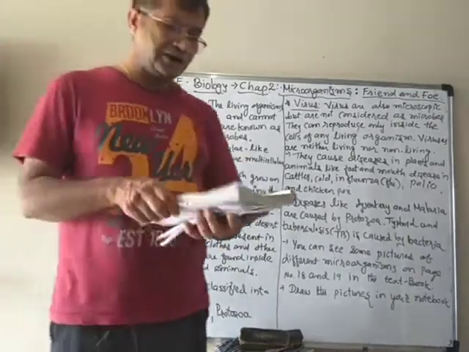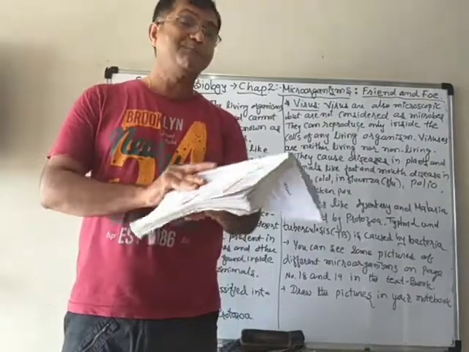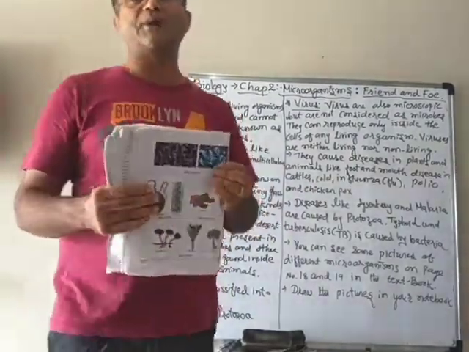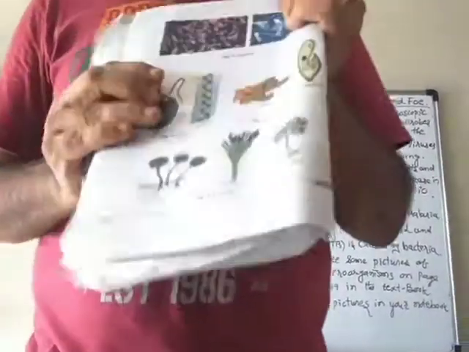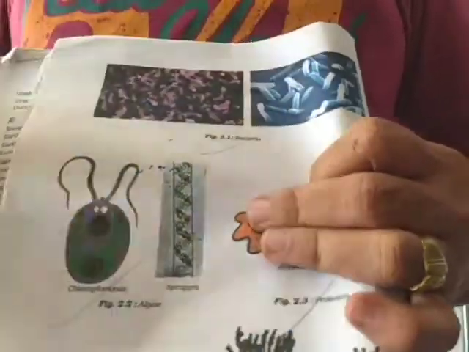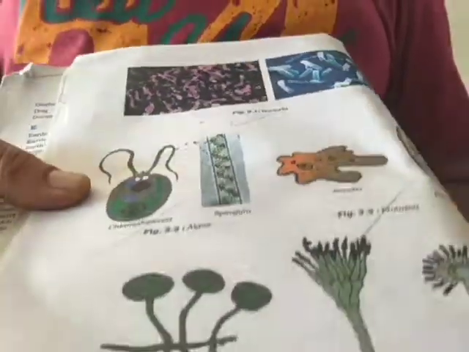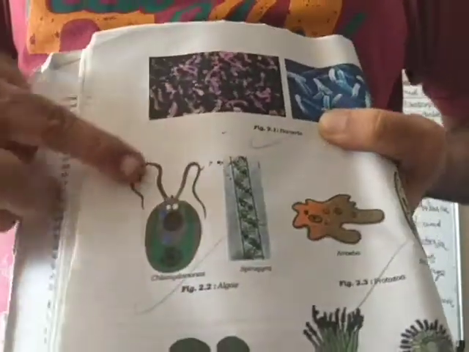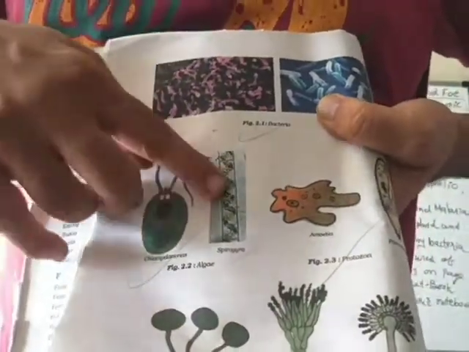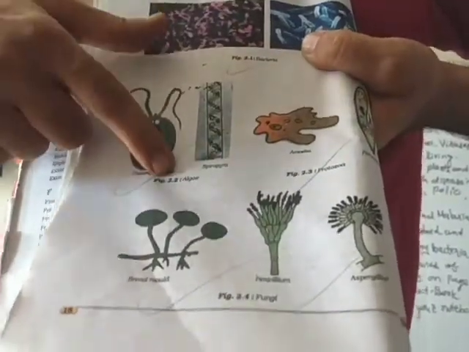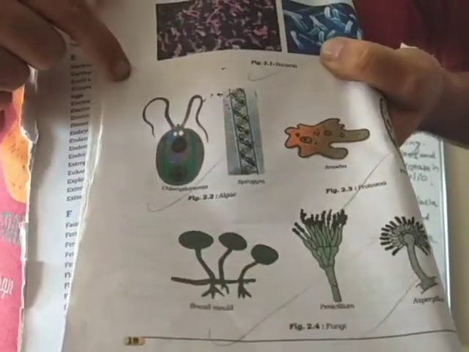Now here you can see that there are some pictures of different types of bacteria and microorganisms. In the first picture you can see different types of bacteria. And here in the second picture, there is Chlamydomonas, then Spirogyra, which are examples of algae.